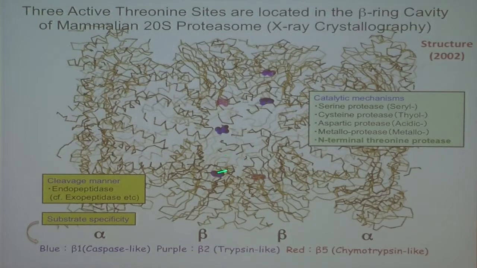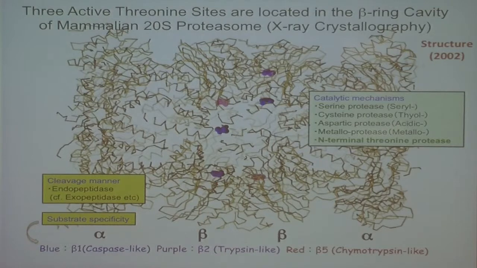Also, 3 active sites are located in the cavity of the beta ring: beta 1, beta 2, and beta 5, which have specificity of peptide cleavage, called caspase-like, trypsin-like, and chymotrypsin-like activity.